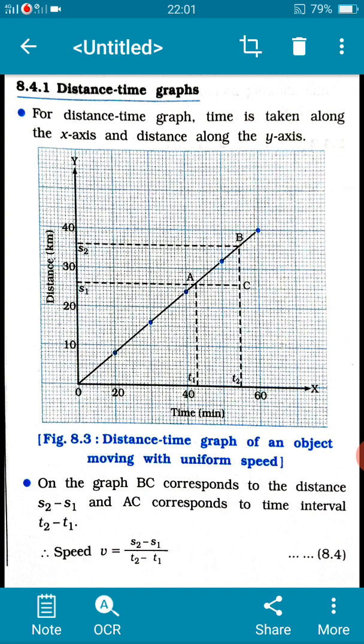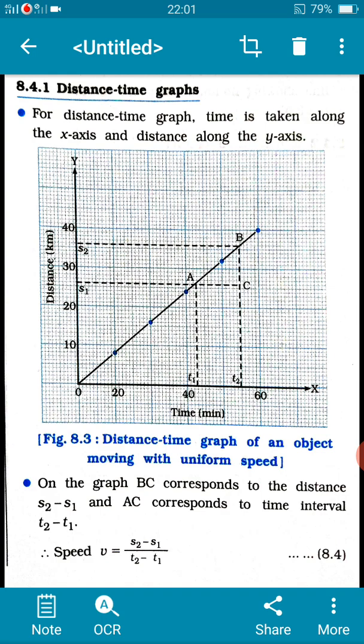The x-axis, I already told you, time is taken, y-axis distance is taken. See how it is marked on the x-axis: origin, then 20 minutes, 40 minutes, 60 minutes, and on the y-axis 10, 20, 30, 40 kilometers.